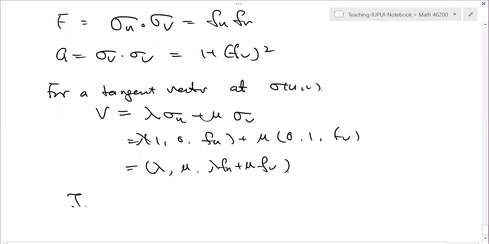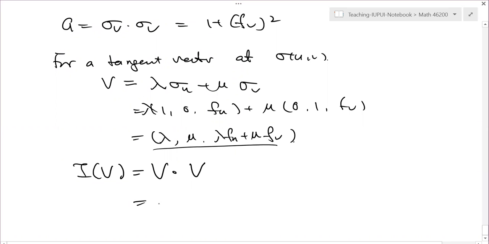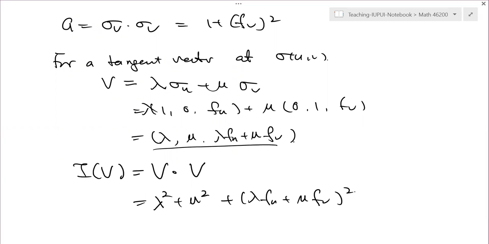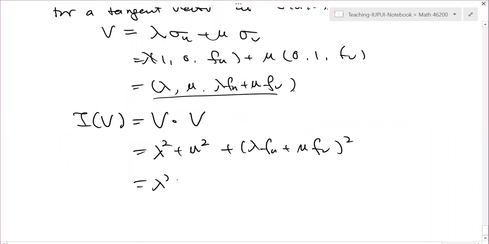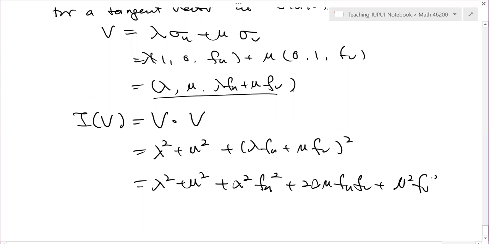Now you can calculate without using the formula. The first fundamental form is just the norm squared of the vector, so you already know the vector components: lambda squared plus mu squared plus (lambda f_u plus mu f_v) squared. You can get this from above. So it's going to be lambda squared plus lambda squared f_u squared, plus 2 lambda mu f_u f_v, plus mu squared f_v squared.